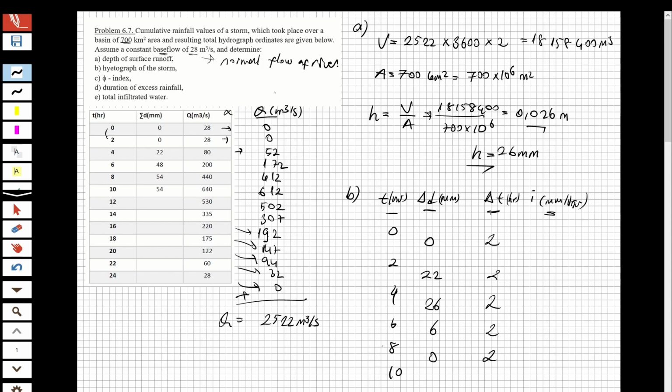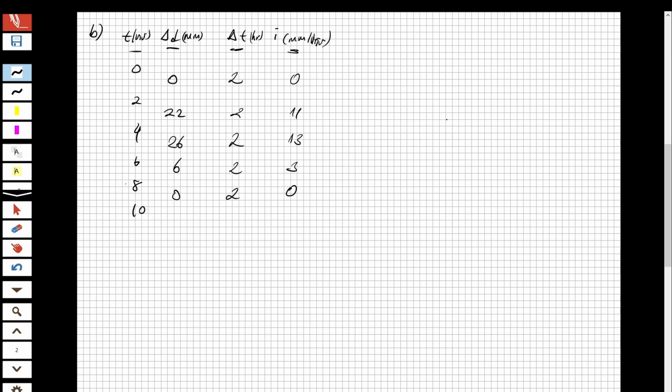So the intensity would be delta D divided by delta T. This is going to be 0 over 2, 0, and 22 over 2, 11, and 26 over 2, it's going to be 13, and 6 over 2, it's going to be 3, and 0 over 2 is going to be 0. Now let's construct the hyetograph here. I can't draw the straight line, sorry.